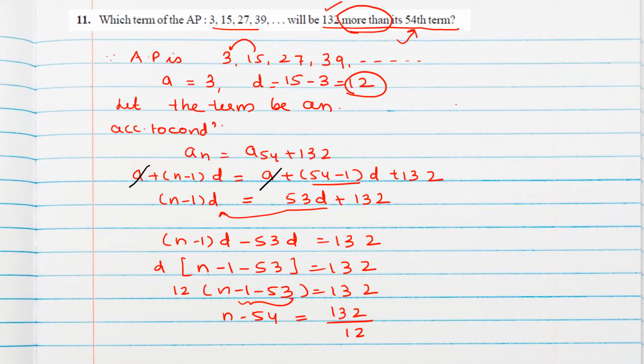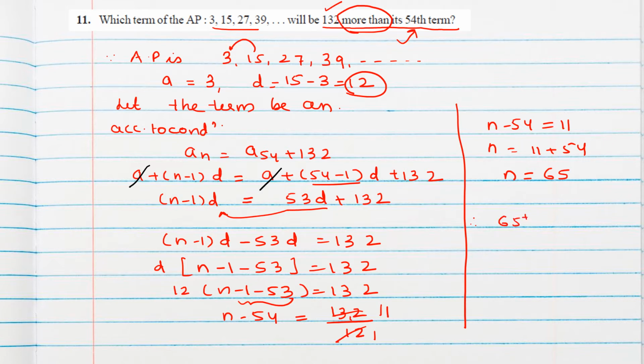If we cancel 132 with 12, we get 11. So N minus 54 is 11. So your N will be 65, because 11 plus 54 gives 65. Therefore the 65th term is 132 more than the 54th term.